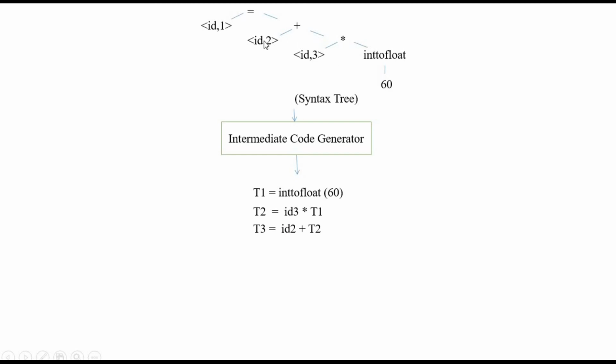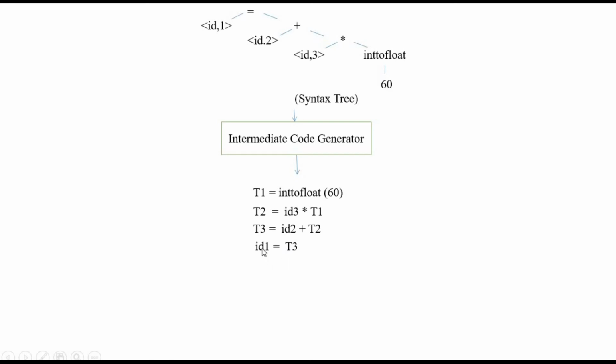So id2 plus T2 is stored in T3, but our result is to be stored in identifier 1. In this case we got our result in variable T3. So the value of T3 is stored in identifier 1. So the next step is id1 equal to T3.